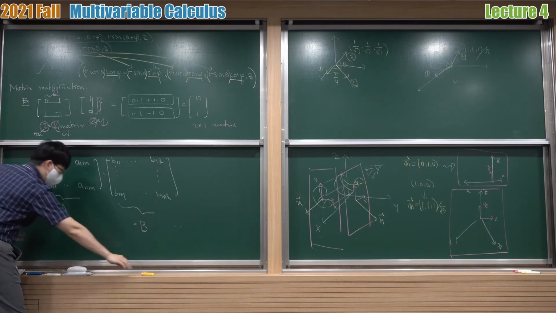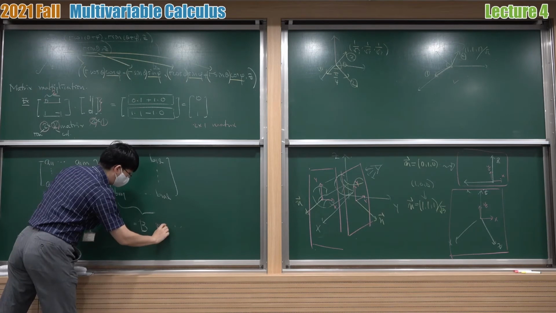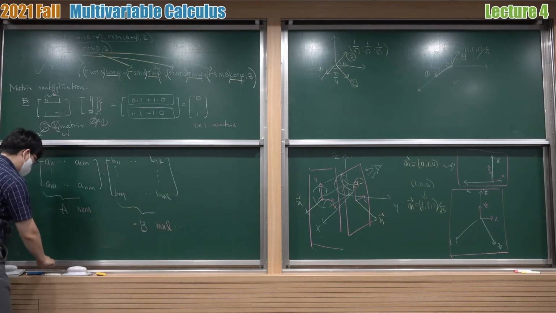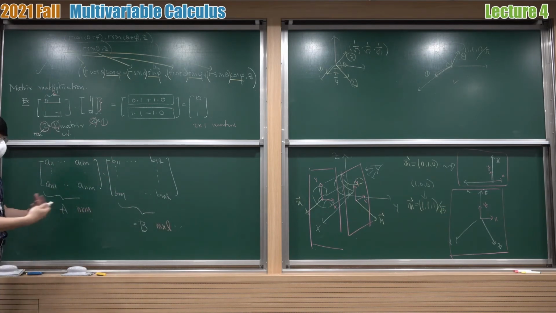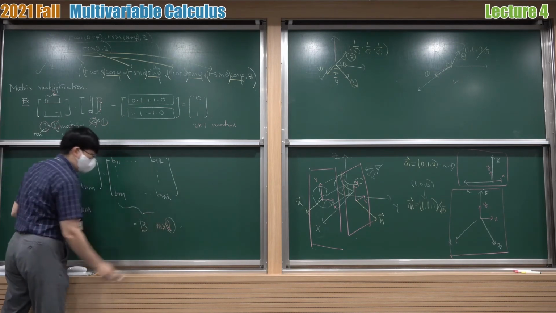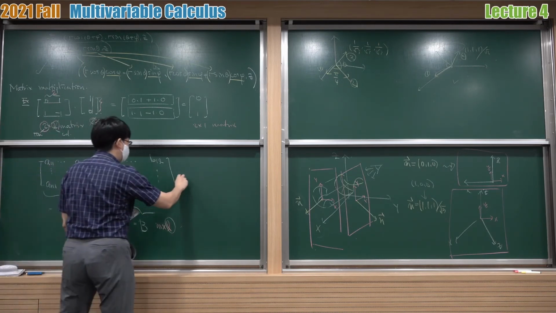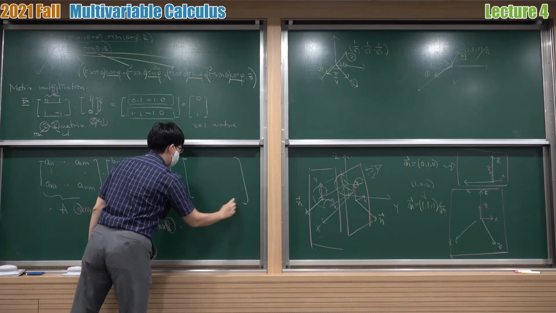So A is an n by m matrix and B is an m by L matrix. Even before you carry out the multiplication, you can guess that the result will be an n by L matrix. So what's the result?